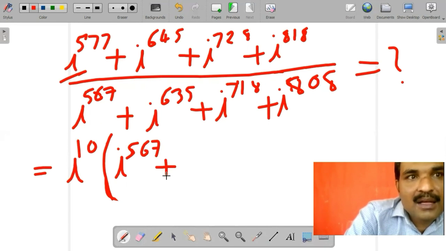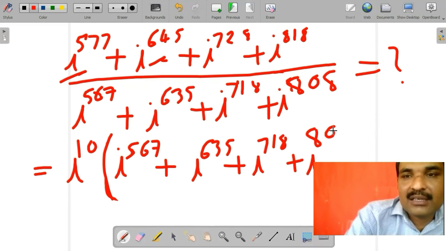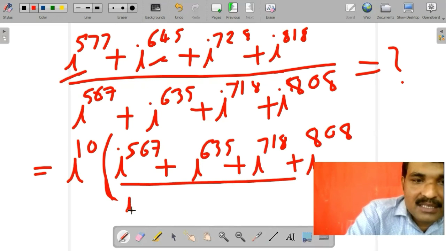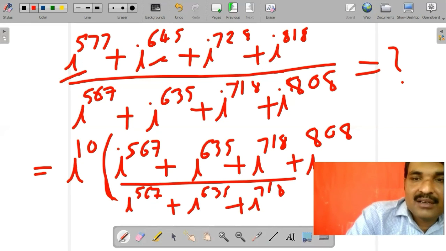Plus iota raised to this time 635, plus iota raised to 718, plus iota raised to 808. This is all divided by the denominator. The denominator is the same as that of the numerator: iota raised to 567 plus iota raised to 635 plus iota raised to 718 plus iota raised to 808.